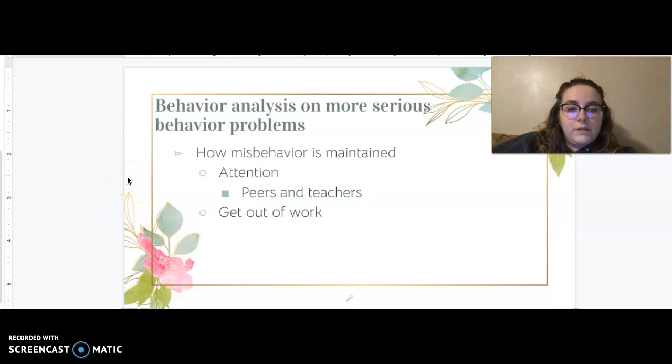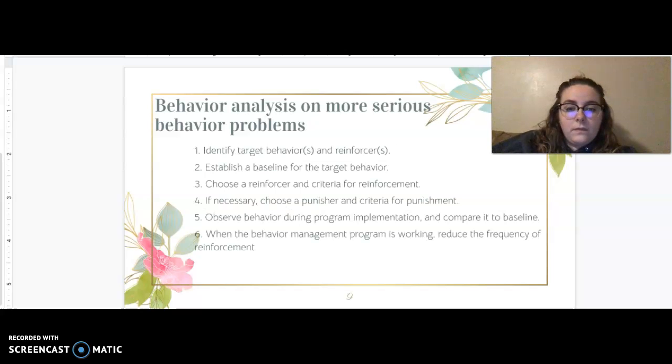Behavior analysis for more serious behavior problems. So how is misbehavior maintained? They usually want attention from either peers or their teachers, and most of the time they want to get out of work. So the more time a teacher spends yelling and arguing with the student, the less time they're going to have to do work. You need to identify target behaviors and reinforcers. Establish a baseline for the target behavior.